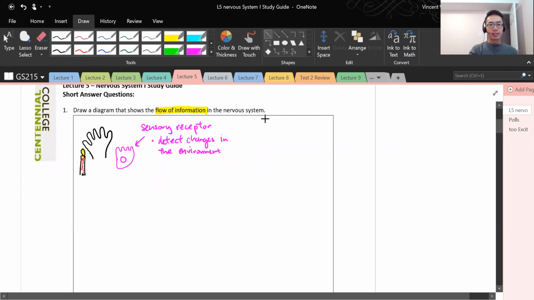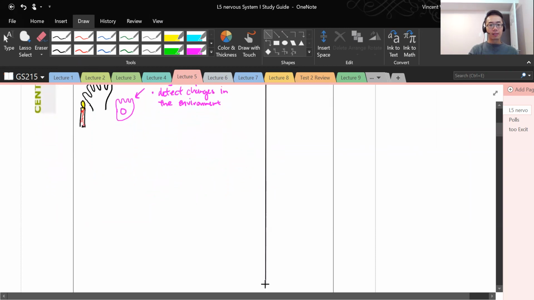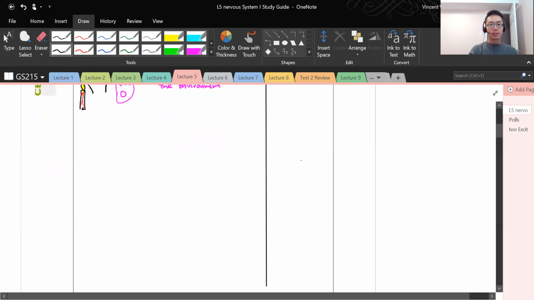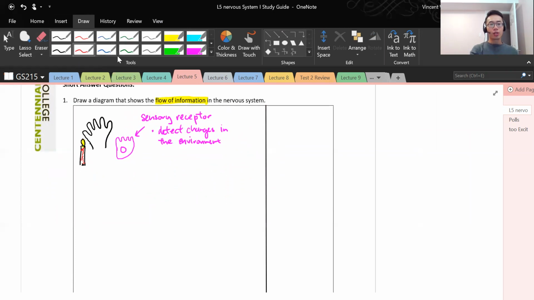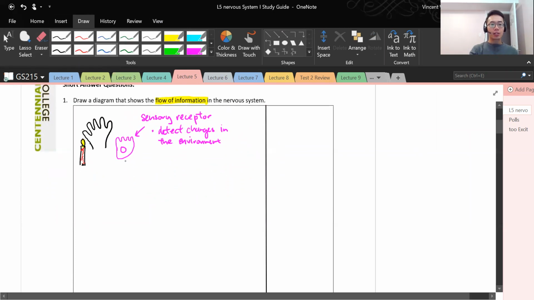Now, let me put a line here to separate the stuff on the left and the stuff on the right. Okay. So once the sensory receptor is stimulated, is triggered, it's going to send a signal to a sensory neuron. Okay, so the sensory neuron is bipolar. It has two tails. I actually made a mistake in the recording. I said there's many neurons, but actually it's just one really long one.